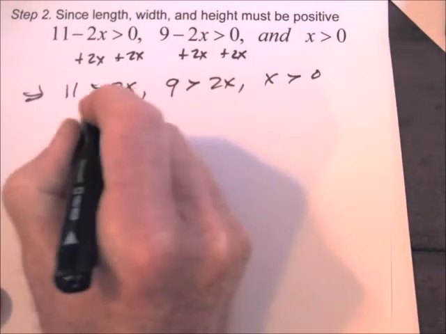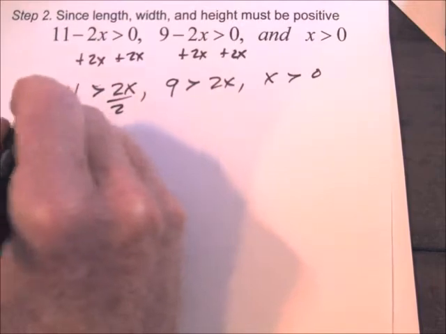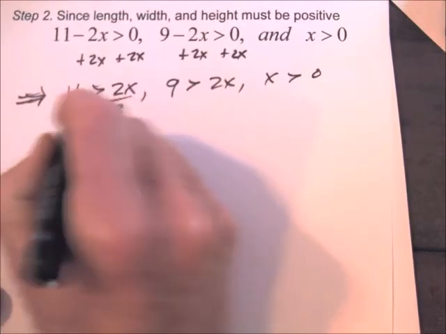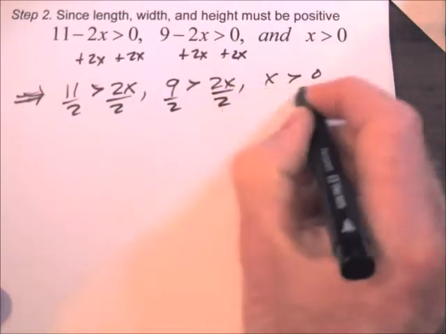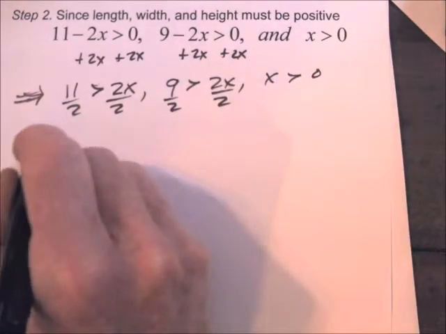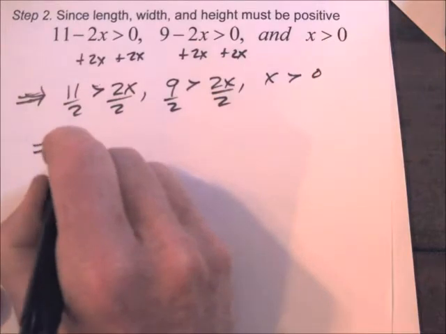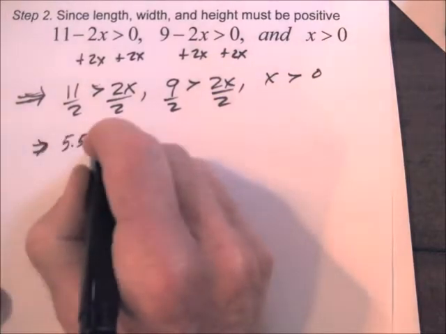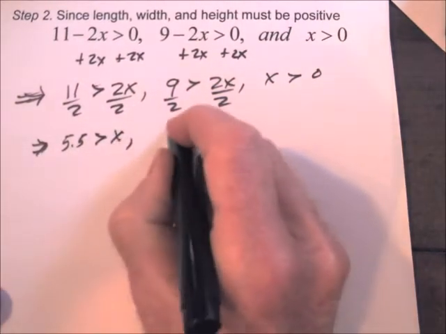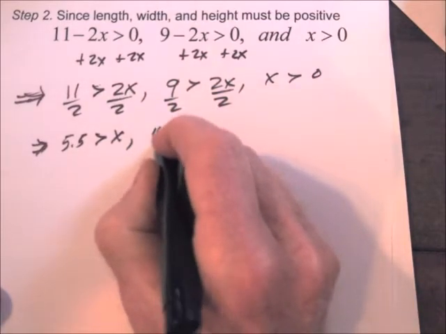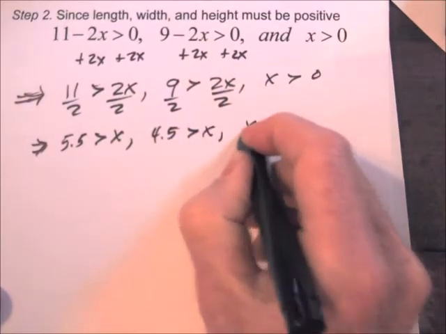And then if we divide everything by 2, we get 11 divided by 2 is 5.5 is greater than x. 9 divided by 2 is 4.5 greater than x. x is greater than 0.